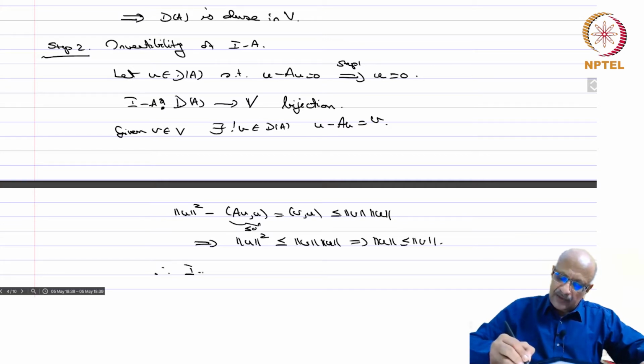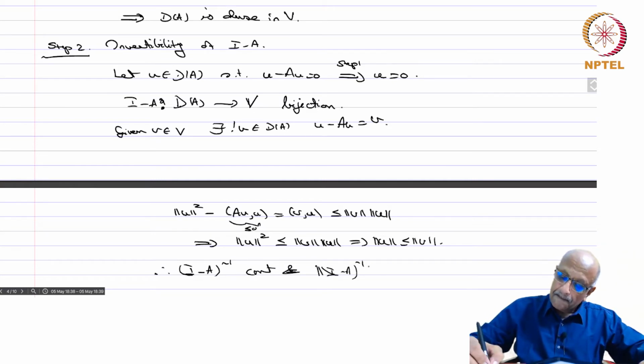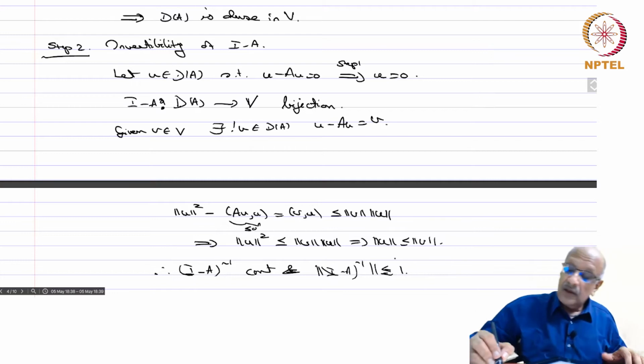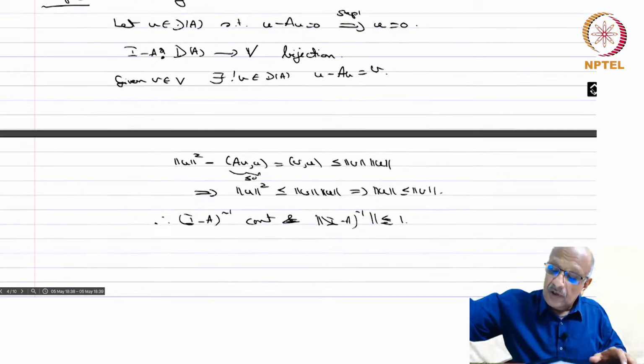Therefore, (I minus A) inverse is continuous and the norm of (I minus A) inverse is less than or equal to 1. Okay, so that proves the invertibility of I minus A.